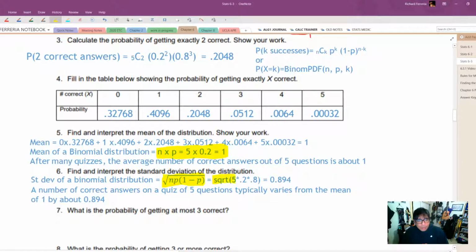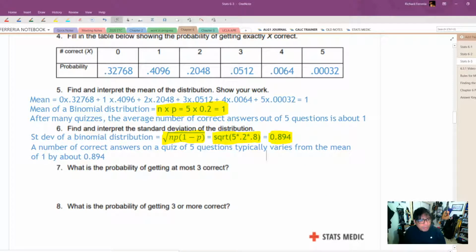It is the square root of n times p multiplied by 1 minus p, and that gives us the 0.894, a little bit easier. Interpretation: the number of correct answers on a 5-question quiz typically varies from the mean by about 0.894.